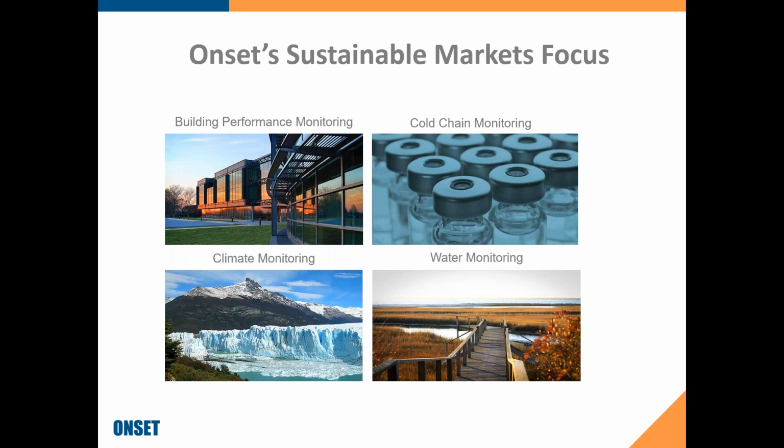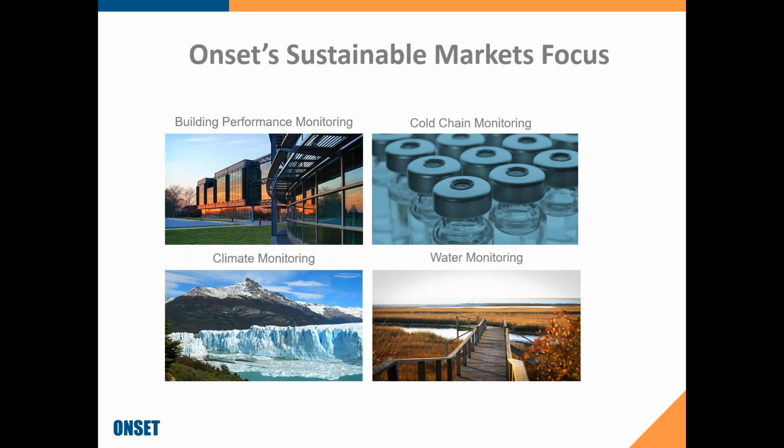There are 4 markets that we mainly play in at this point: building performance, climate monitoring, water monitoring, and cold chain, which gets into pharmaceutical shipping and logistics and looking at vaccines for children.